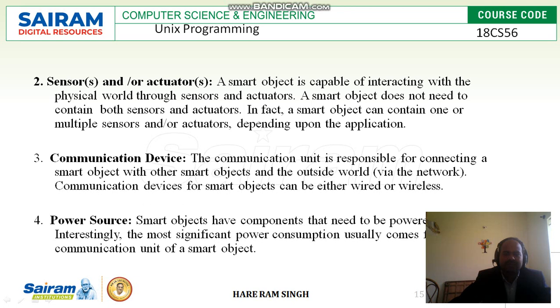Next is the power source. Smart objects have components that need to be powered. Interestingly, the most significant power consumption usually comes from the communication unit of a smart object.